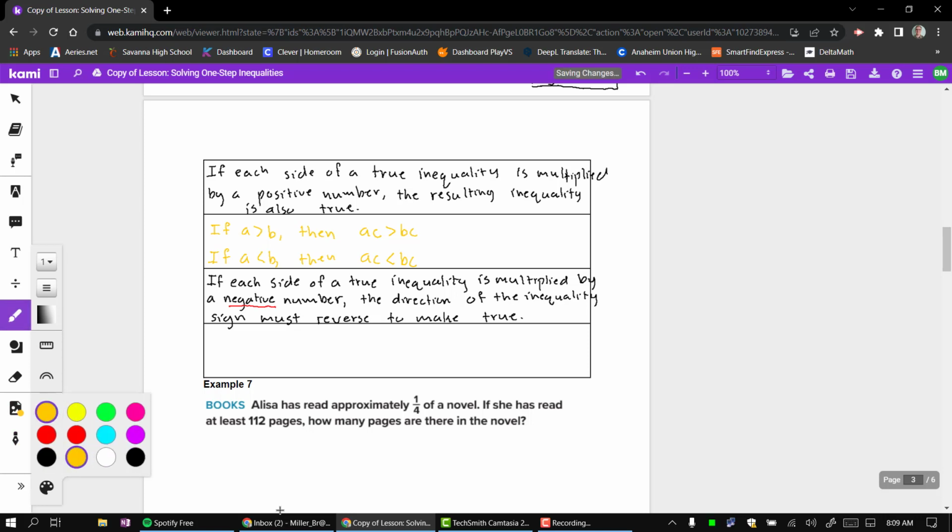So what does this look like? If A is greater than B and we multiply by a negative C, then AC is going to be less than BC.